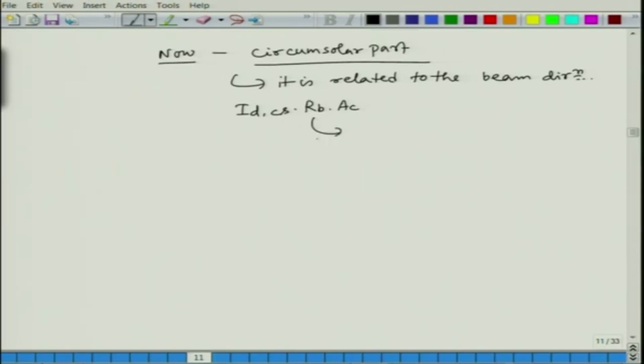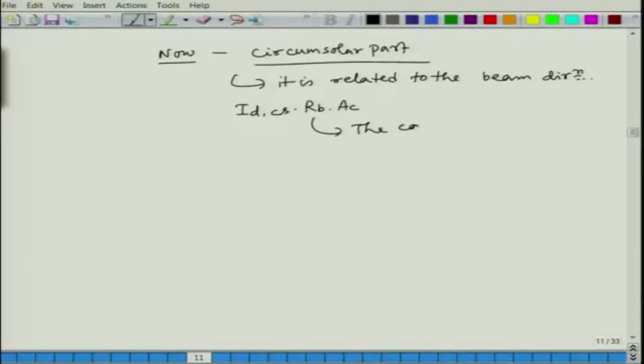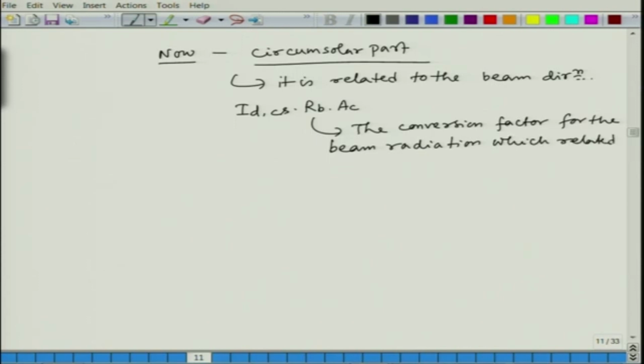So, we do not need a view factor there, but we do need the conversion factor for the beam radiation which relates the horizontal plane estimation to that on the tilted plane.